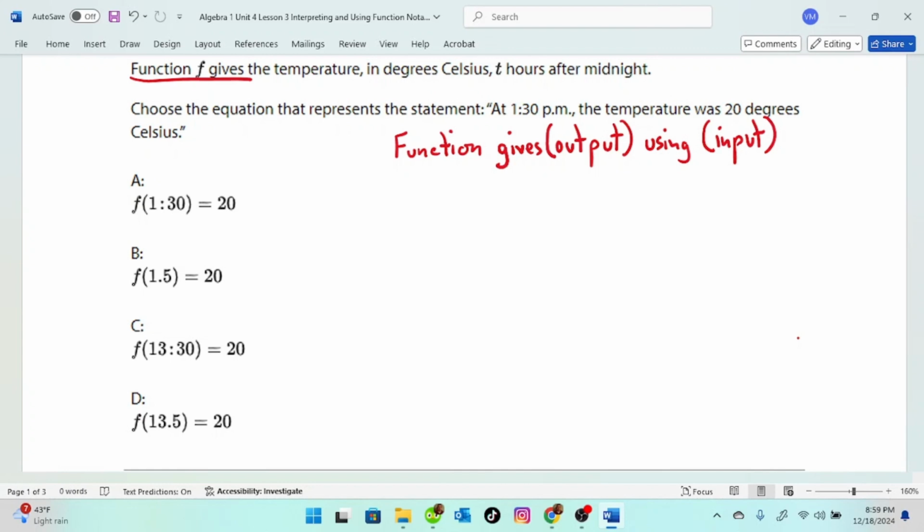So that means our output is temperature in degrees Celsius.